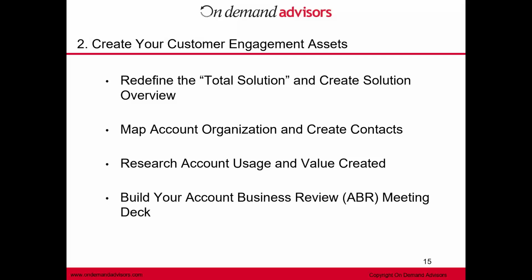One of the things we're also going to talk about is mapping out your accounts, because in many cases, especially if you're dealing with large accounts, you may find that you're not reaching many people. You may find that there are maybe 50, 100 people, thousands of people that could benefit from your solution, but only a fraction of that group is using it today.